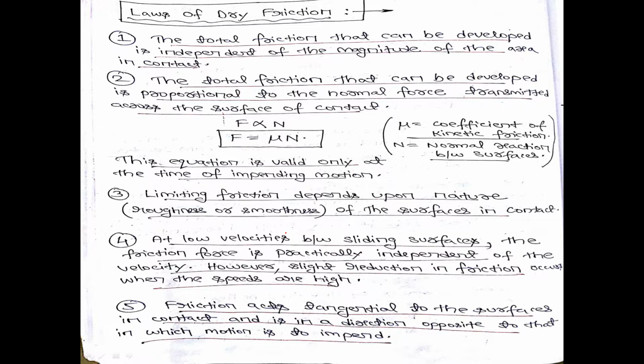If it is smooth, then friction normally does not exist. If it exists also, the coefficient of friction will be very small. And if the surface is rough, definitely friction will exist and the coefficient of friction will be large. Any doubt till the third point?